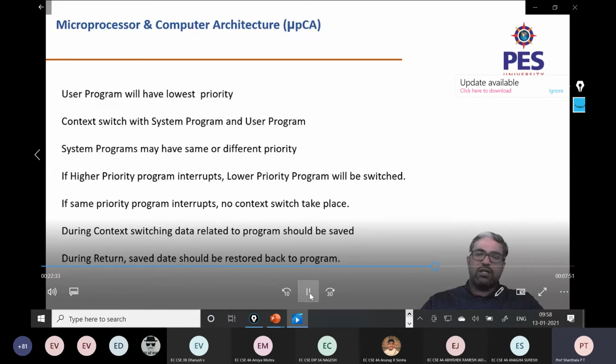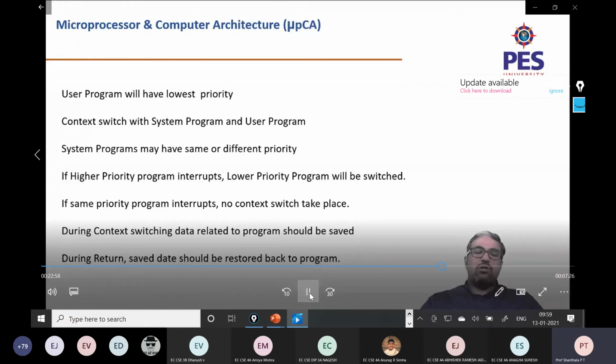The context at which the user program is executing is shifted to privileged mode, whether it is the lowest priority or the highest priority mode it will enter. So whenever there is a context switch, I'm executing my program, I'm leaving my execution in between, I'm going out for execution.